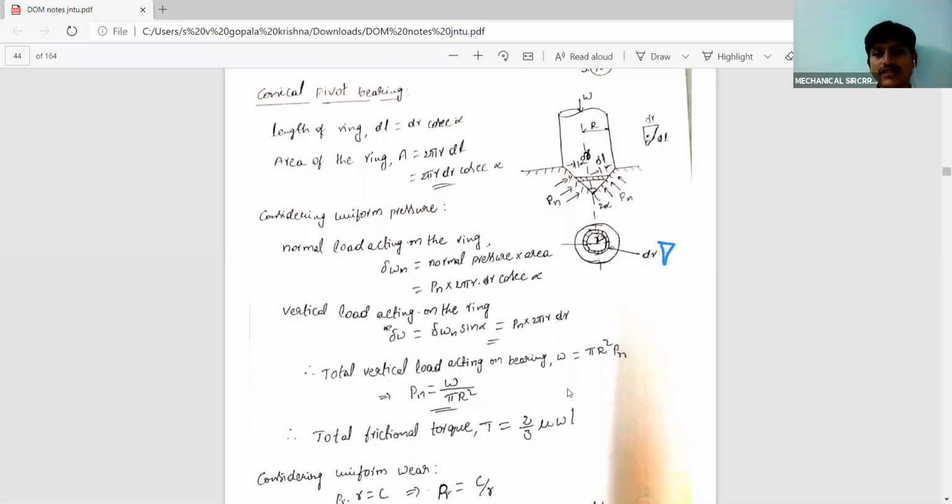L is also represented with the length of the shaft in our conical pivot bearing.